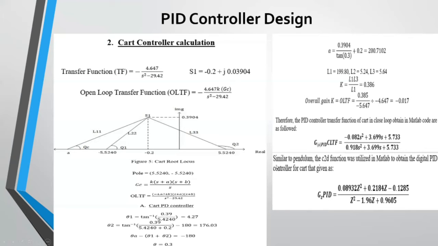And then this PID transfer function, we convert using MATLAB from the s domain to the z domain, and then we get the PID control in the z domain of 0.893 z squared plus 0.284 z minus 0.128 over z squared minus 1.69 z plus 0.9605.